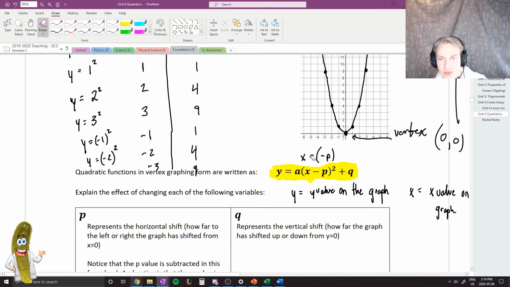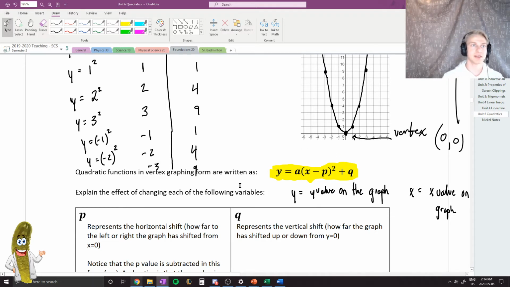So it would change this into a positive p. However, the p-value was still negative before we did this little erase step, and as such, that is going to shift our graph in the downward direction.